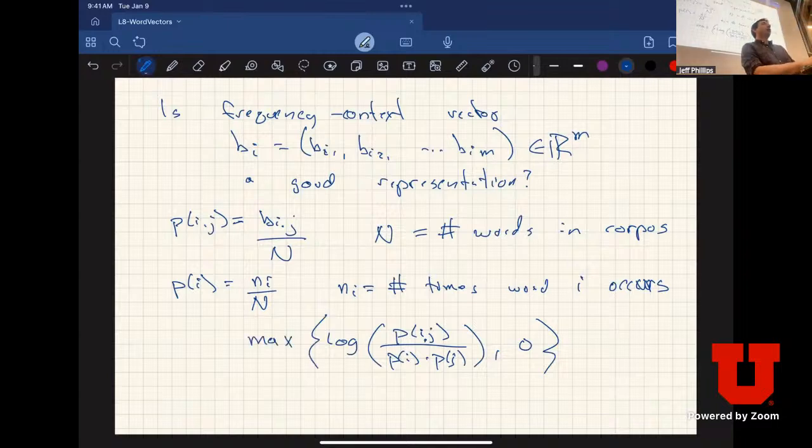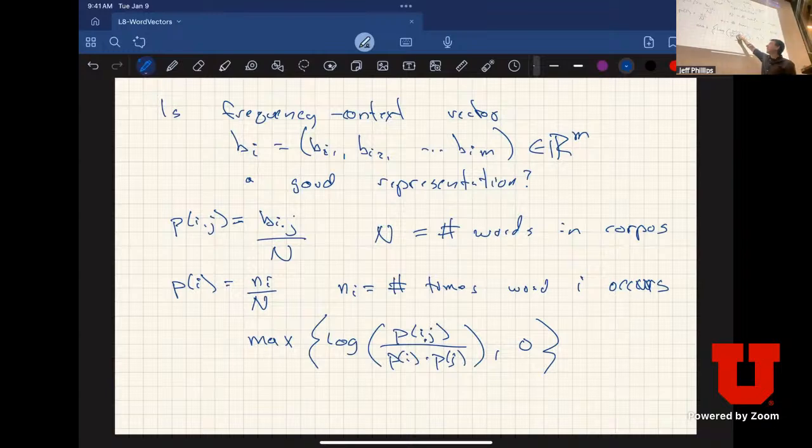So the log of something, if P_i and P_j are more likely individually than P_ij, okay? So these are both common things, but they don't occur very commonly together.